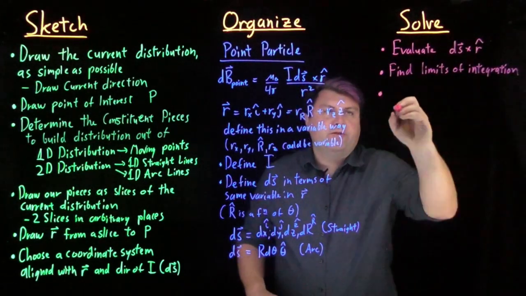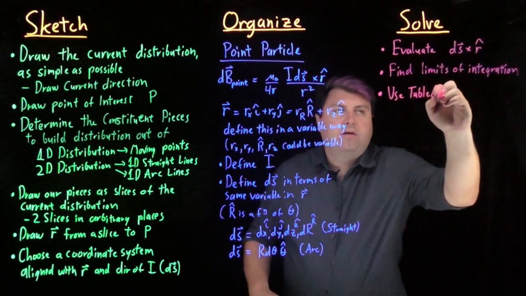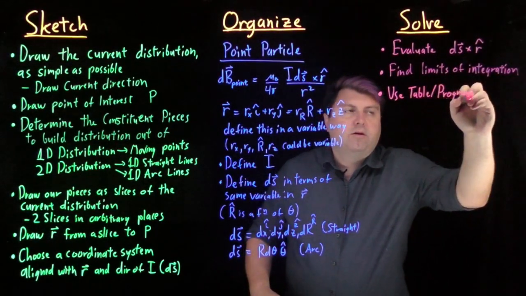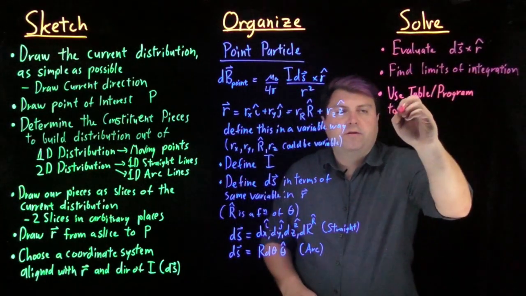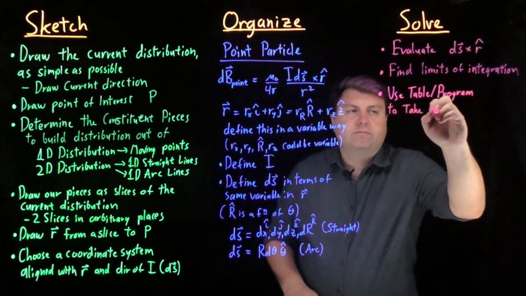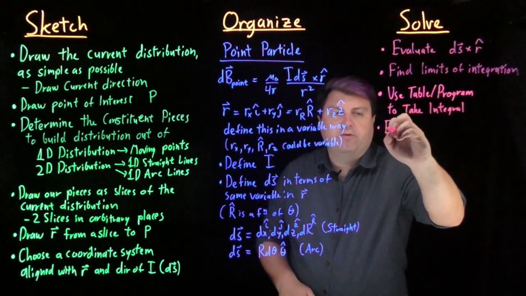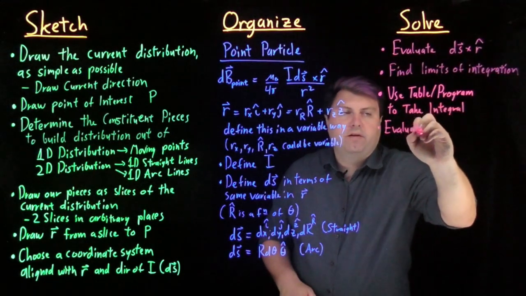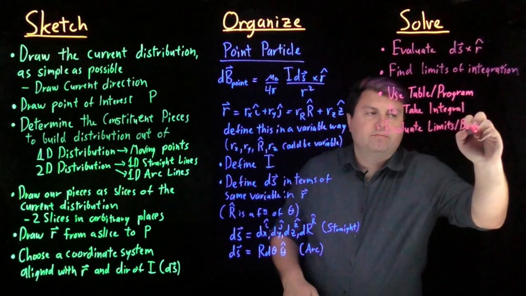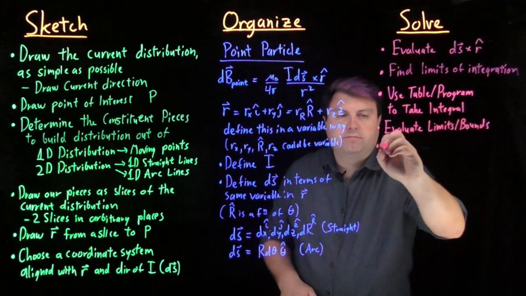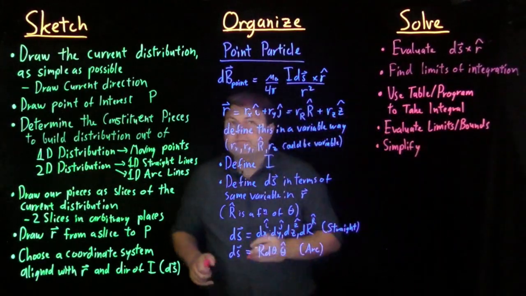So what we usually want to do is use a table or a program, either on the web or on your computer, to take the integral. And then we want to, of course, evaluate the limits or bounds. And once we have all of that, simplify.